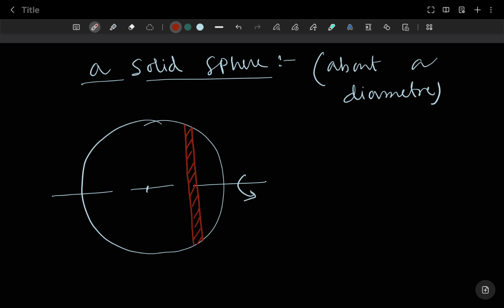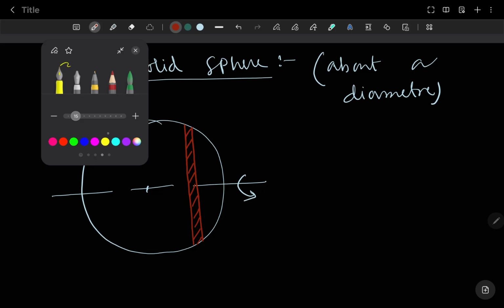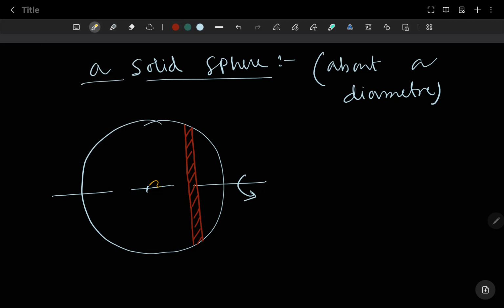This is the radius of the sphere, call it capital R. Now the radius of this disc is smaller, right? Let this distance be x. The width is dx.